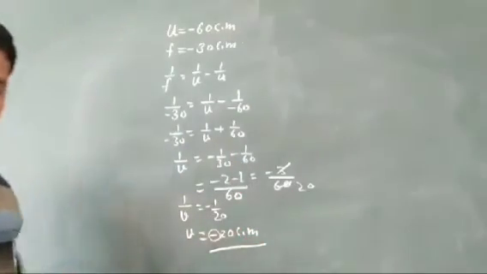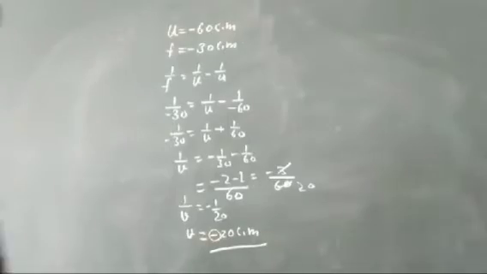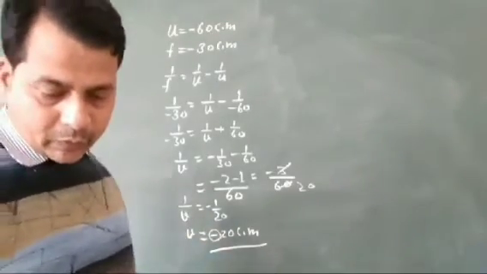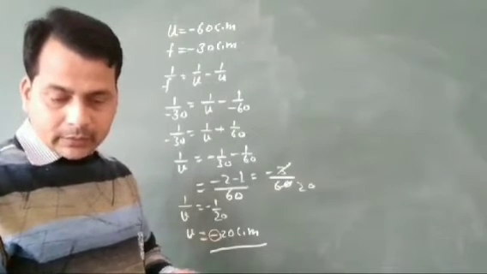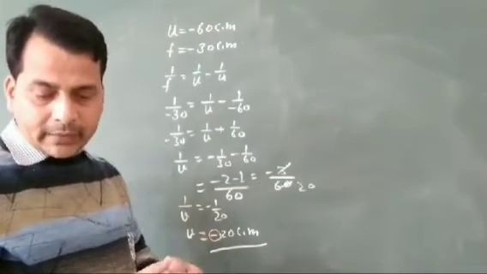The next question is to list four characteristics of the image: nature, position, size, erect or inverted, formed by the lens in this case.